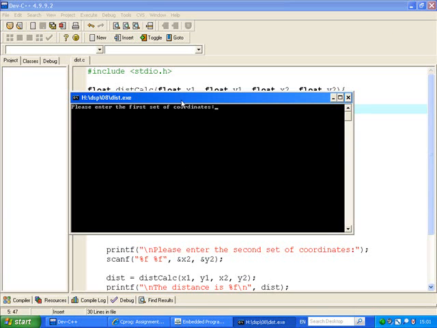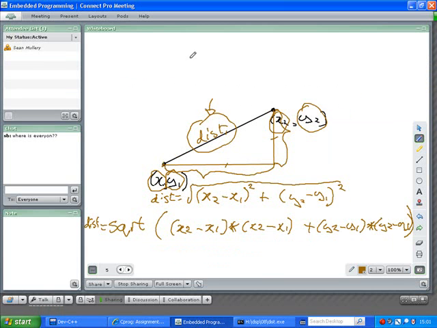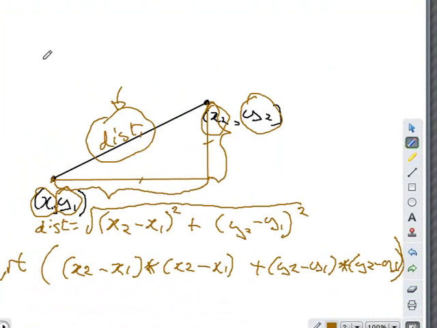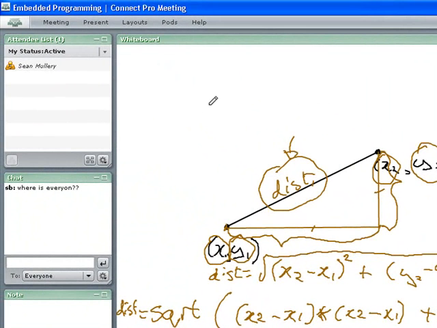So the first set of coordinates. Now, what I should always do here is come up with some numbers for these values, because otherwise we won't really know if we've achieved the correct answer. So I'm going to start with x1 y1 of 1 1. Okay, so this is going to be 1 1 there.